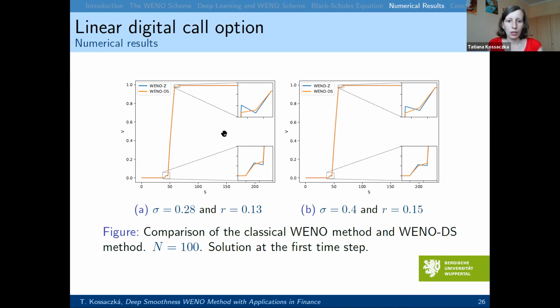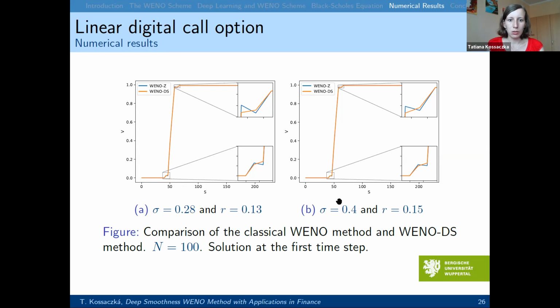Here I will show you just two examples of how it works. For example, if you have a digital option and this is the terminal condition, there is a strong discontinuity, and using the standard WENO method, you can see there are some oscillations, but using our enhanced method, which we called WENO-DS, we can get rid of these oscillations. You can see they are not there anymore, and these parameters were just randomly generated.